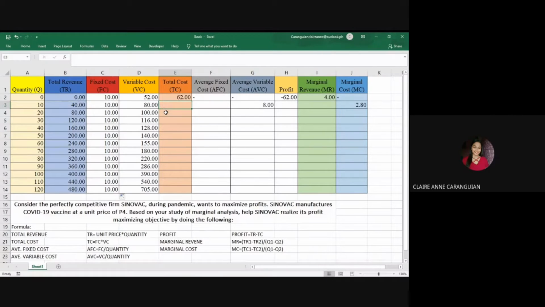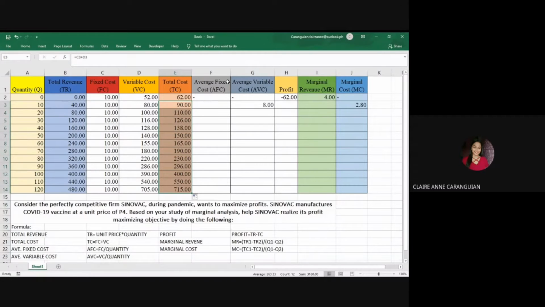To calculate the total cost, the formula is total cost is equal to fixed cost plus variable cost. So fixed cost plus variable cost is equal to 90. Same as the others, bend it down.